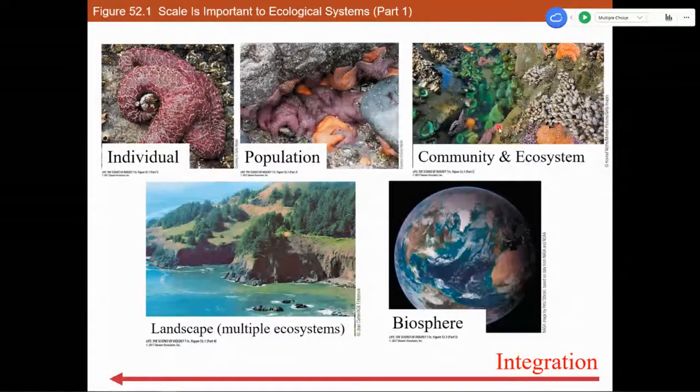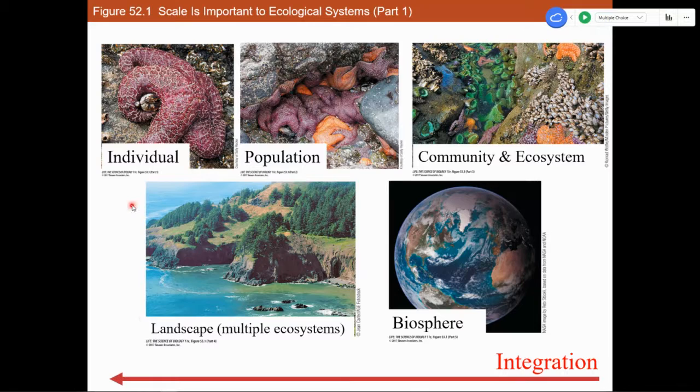Here we have some sea stars, but also some barnacles, some anemones, probably sponges or something. These different populations of different species make up the community in the ecosystem. The ecosystem includes the community plus the physical environment, the rocky shore that they're living on. That's the ecosystem.